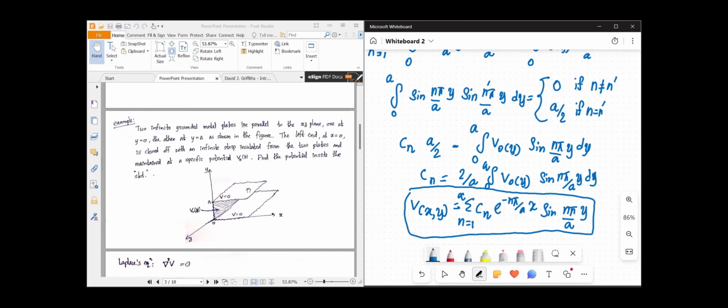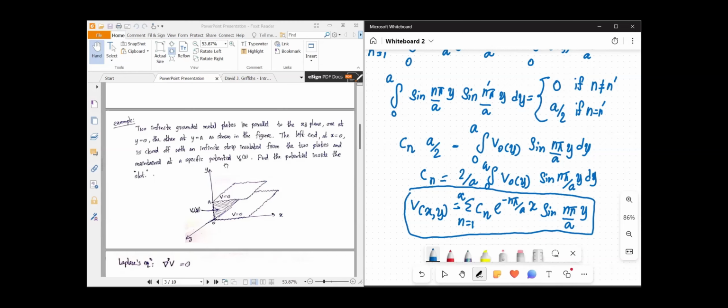We have two grounded metal plates, which means at each of these metal plates the potential is 0. One plate is at y equal to 0, and the other plate is at y equal to 1, as shown in this figure. At x equal to 0, it is closed off with an infinite strip insulated from the two plates, and it is maintained at a specific potential V naught of y.